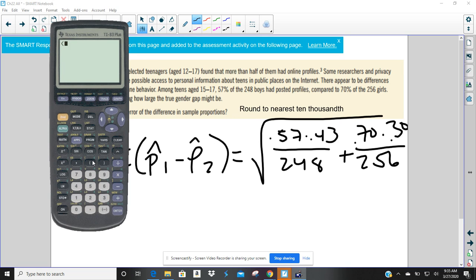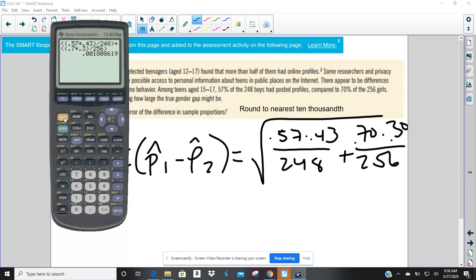Parenthesis 0.57 times 0.43 divided by 238, and plus parenthesis, the girls' proportions divided by 256, parenthesis, enter.